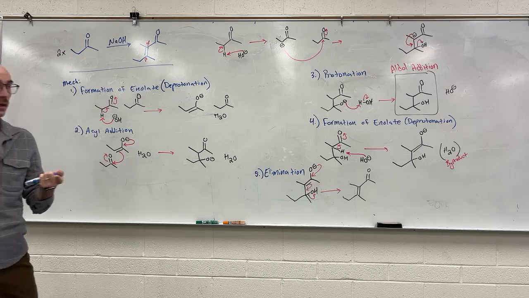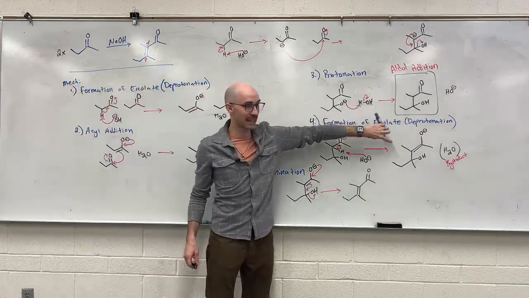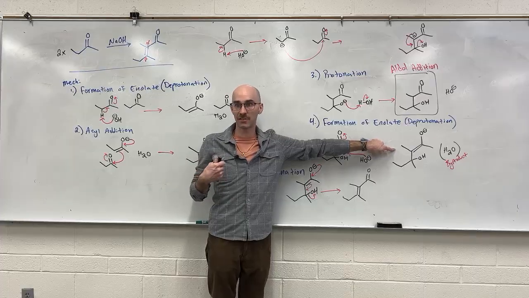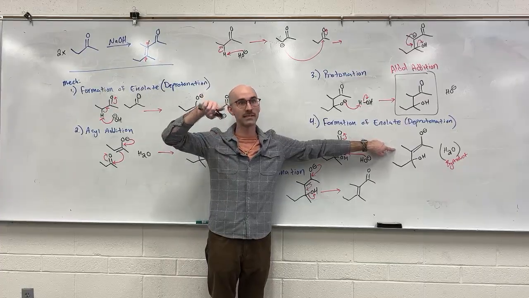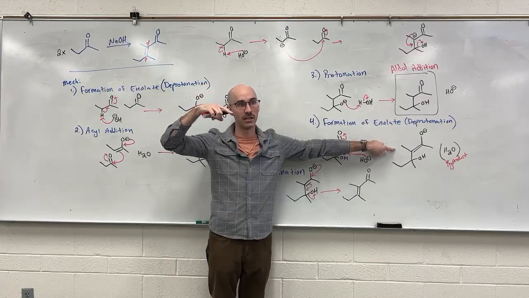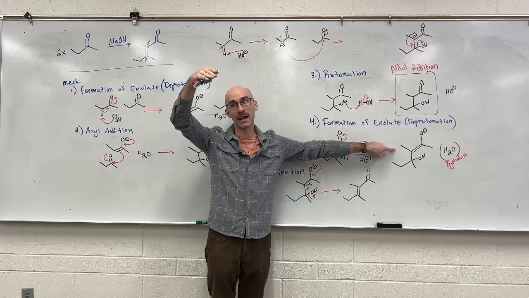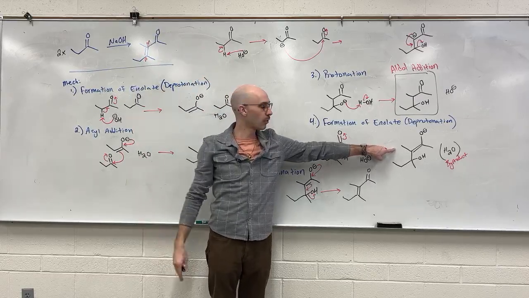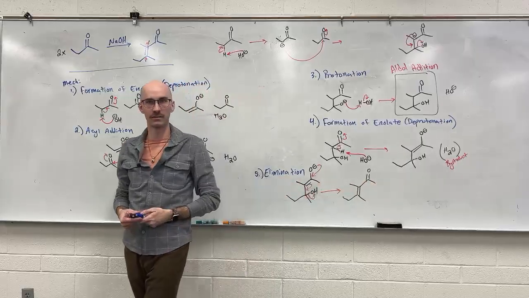In order to do it, we need this intermediate. This enolate takes on that extra negative charge, stabilizes it between carbon and oxygen, and only after that has formed is the molecule in a state where it can kick off hydroxide.